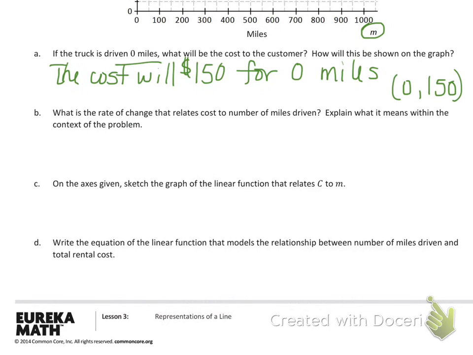Okay, so let's go back and do part B. What is the rate of change that relates cost to the number of miles driven? And explain what it means within the context of the problem. Okay, so the rate of change is we have this 50 cents per mile.